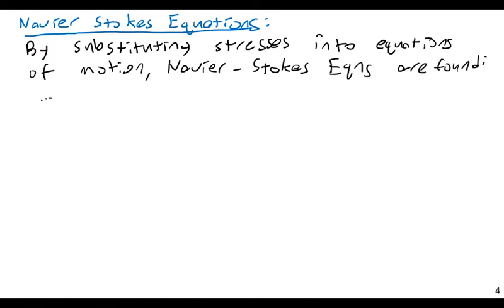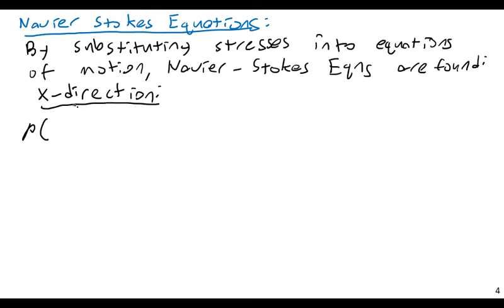In the x direction, I think I'll just write out one of them. You can find the rest in your course text, but the basic idea is something like this.